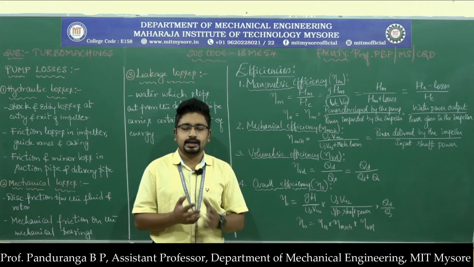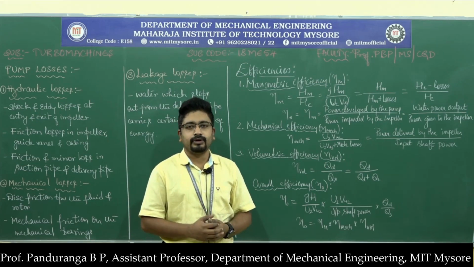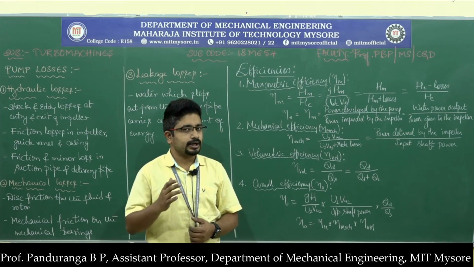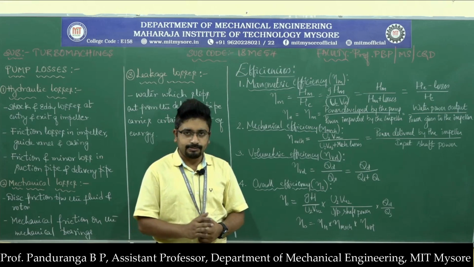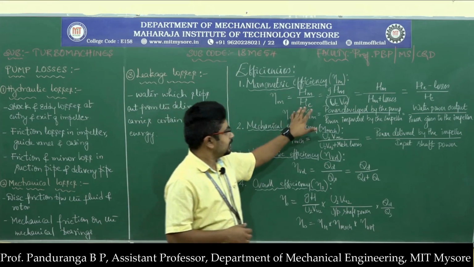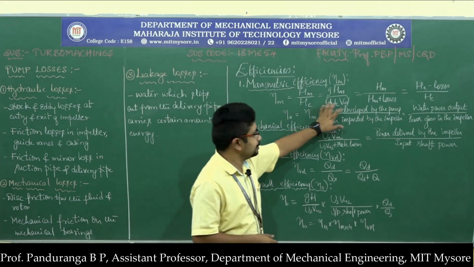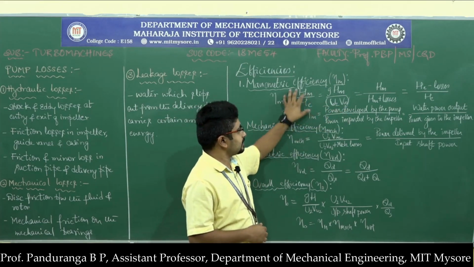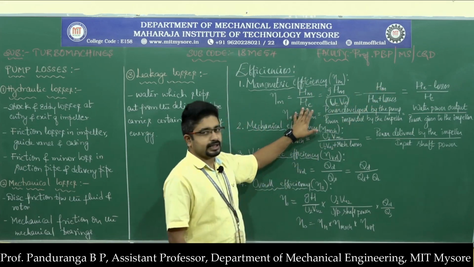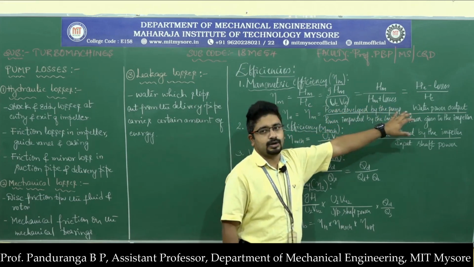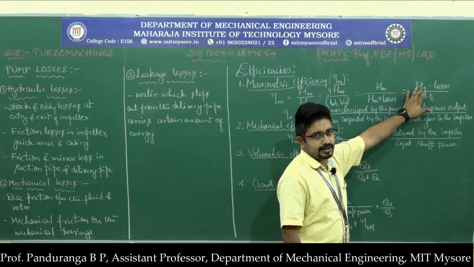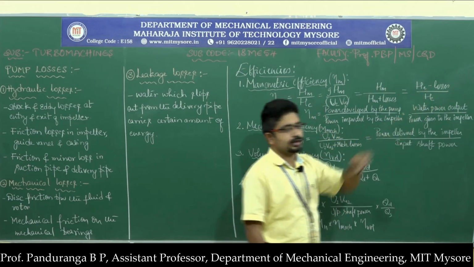Since it is in the axial or radial direction, alpha 1 will be 90 degrees, and because of that Vu1 will be 0. So in the case of centrifugal pumps, the energy transfer will be equal to U2 Vu2. So Euler's head can be written as U2 Vu2 over g, and this can also be written as Hm divided by He, that is manometric head divided by manometric head plus losses, or in other terms I can write Hm as Euler's head minus losses, divided by Euler's head.